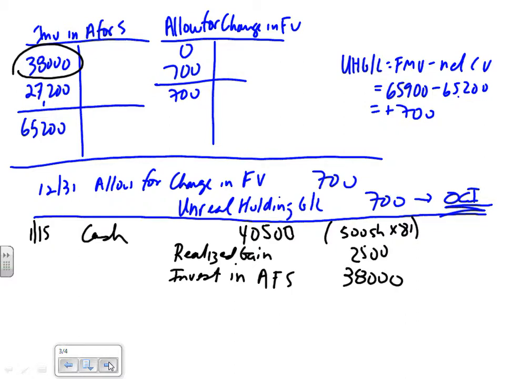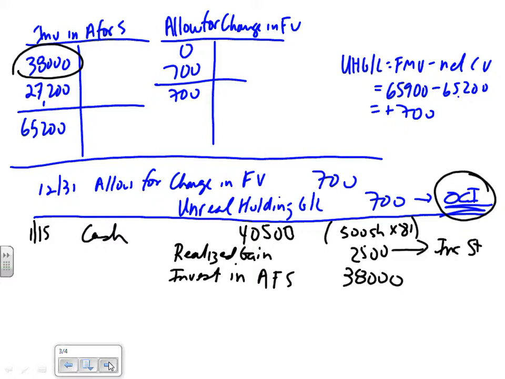Now, this is the part that's tough because remember, this $2,500 ends up in the income statement, and that's why we have to recognize the full amount of gain or loss, because with available for sale securities, those unrealized holding gains or losses went to OCI. And so when you finally sell a security, to get all the gain or loss into the income statement, you have to look at the cash minus the cost of an equity security or the amortized cost of a debt security.